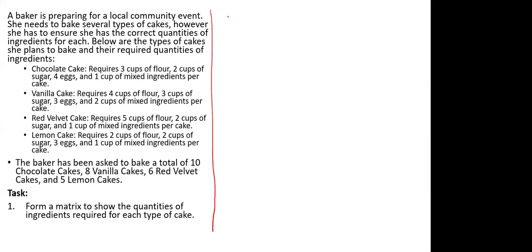So I'm going to first summarize here, and I'm going to say a table showing the baking items, or the baking ingredients, for the different types of cakes.